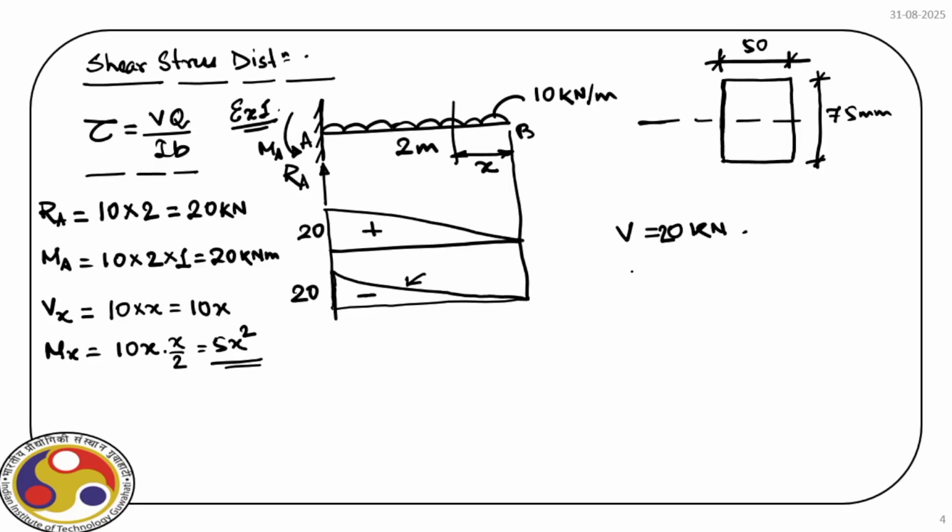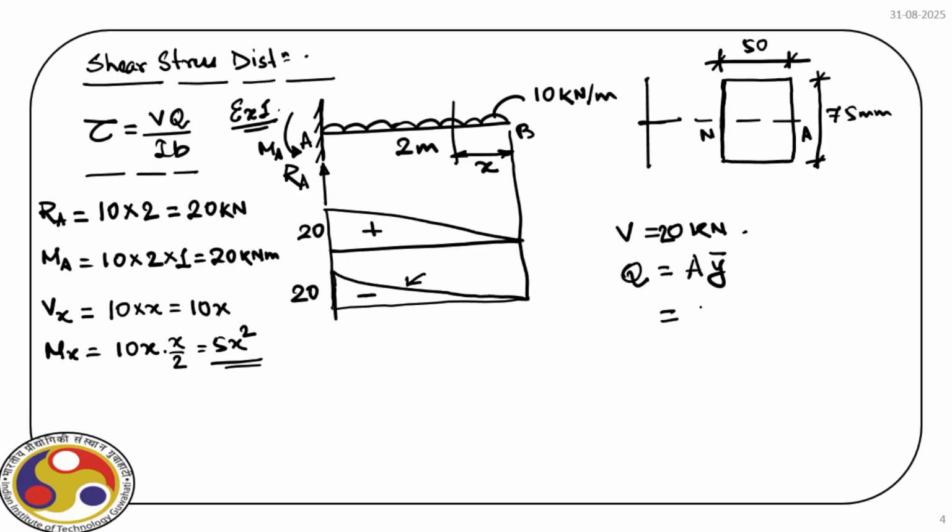Now tau is again VQ by IB, so our task is to find out Q, and we know the shear stress at the top and at the bottom is 0, so at the middle we have to find out. So over the neutral axis, Q is A times Y bar.